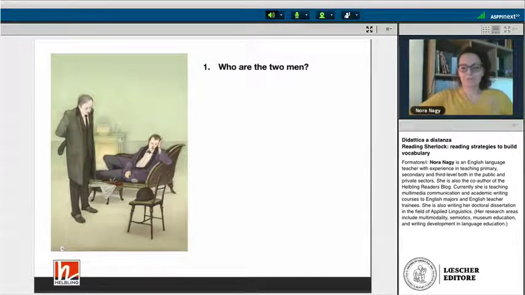So, who are the two men? Can you quickly write it in the chat box, please? The owners, two gentlemen. Look at the face of that man and look at what he is holding.